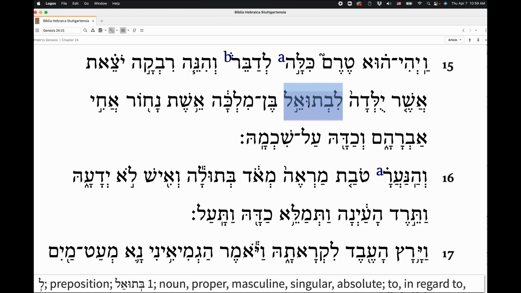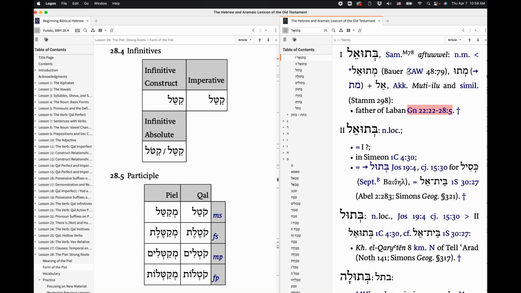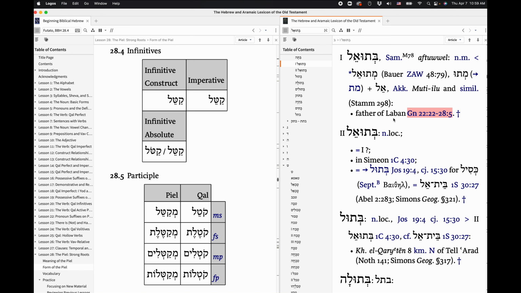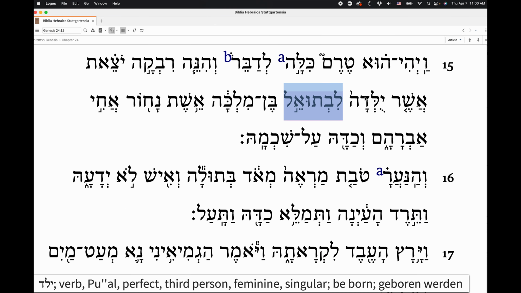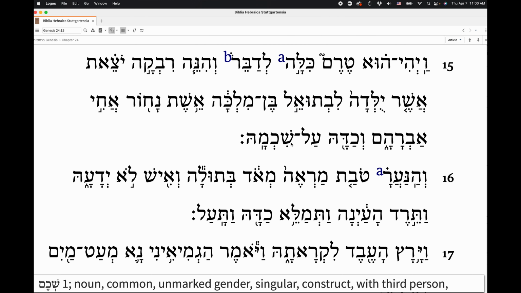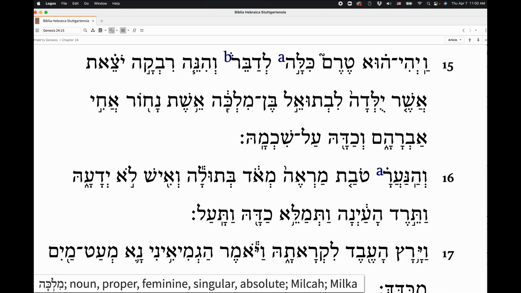All right, so Bethuel, the father of Laban, not the father of Rebecca, apparently, but either way. So who was born, again, this is feminine because Rebecca is the subject of it. Rebecca was coming out, who was born to Bethuel, ben Milcah, son of Milcah.